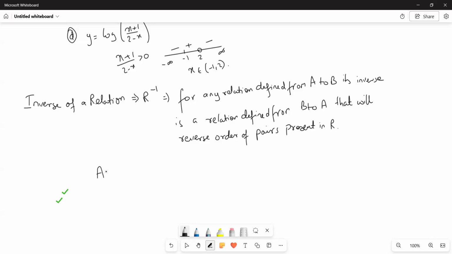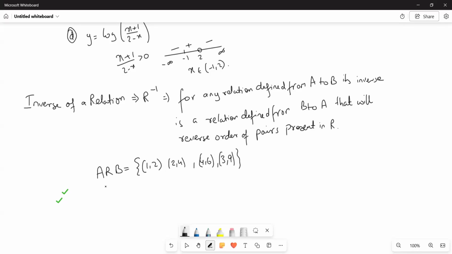जैसे if we have a relation defined from A to B and it has pairs in the form of (1,2), (2,4), (4,6), (3,9), something like this.